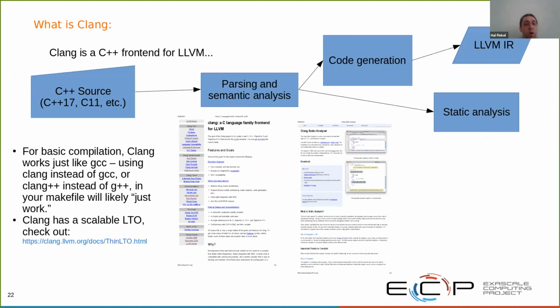The most well-known producer of LLVM's intermediate representation is Clang, which is a C and C++ front end for LLVM. And Clang not only can do code generation, but it also has a sophisticated static analysis engine, which is being increasingly used to find bugs and otherwise check code before it is run.